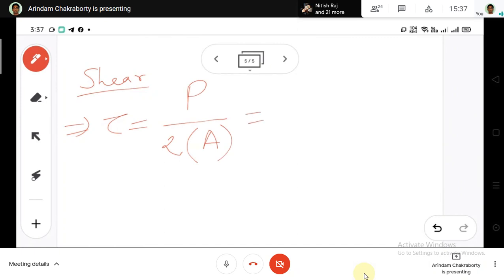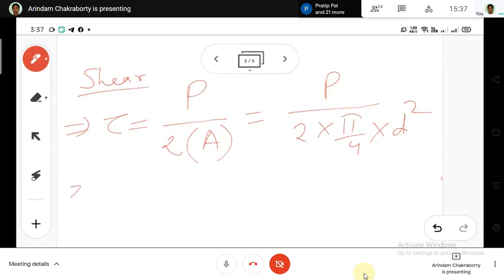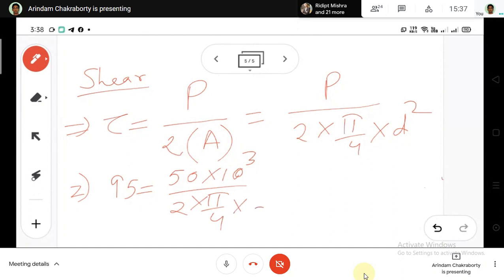P is 2 into pi by 4 into d square, where tau is 95 and P is 50 into 10 to the power 3. Find out d.